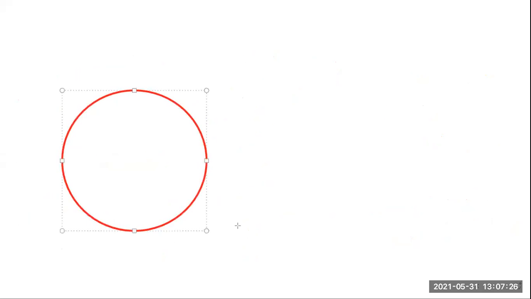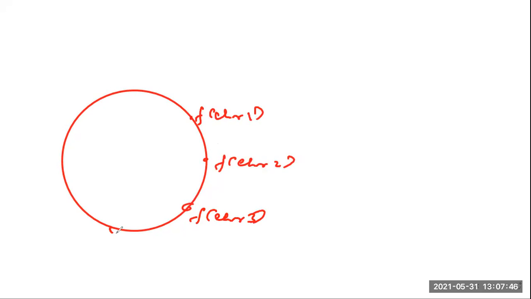Now, all these things are basically plotted in like a wheel. So let us say this is a wheel. Now this wheel, at every point, so let us say this point is your f of CHR1, then this point is f of CHR2, then this is third point f of CHR3, and this f of CHR4, this is f of CHR5.